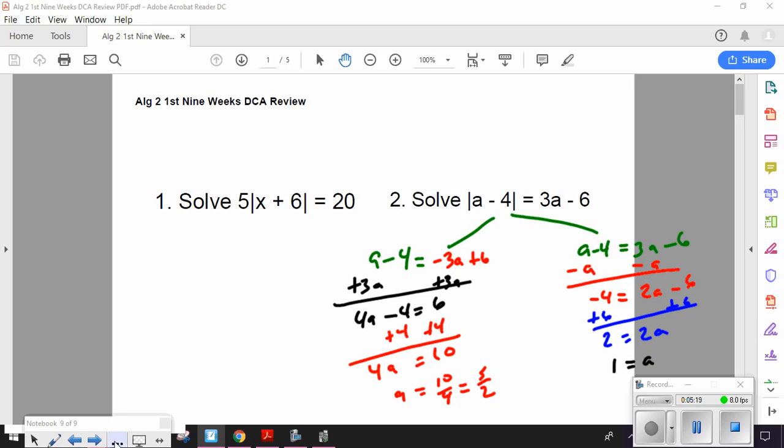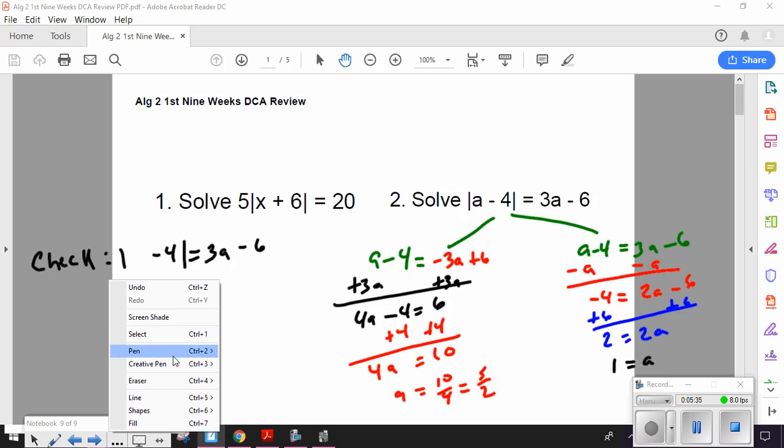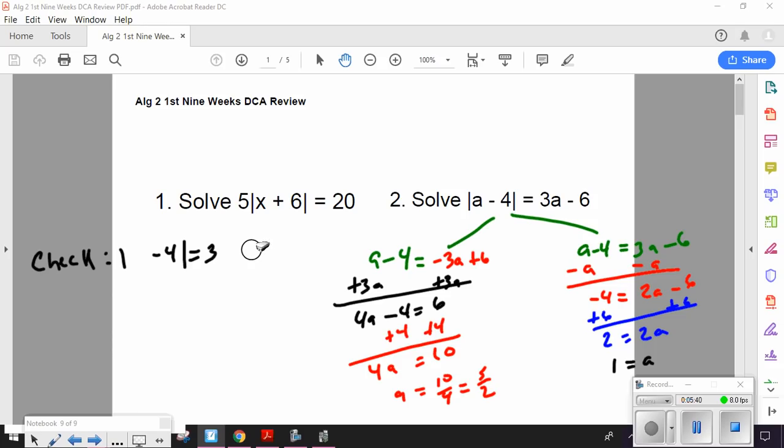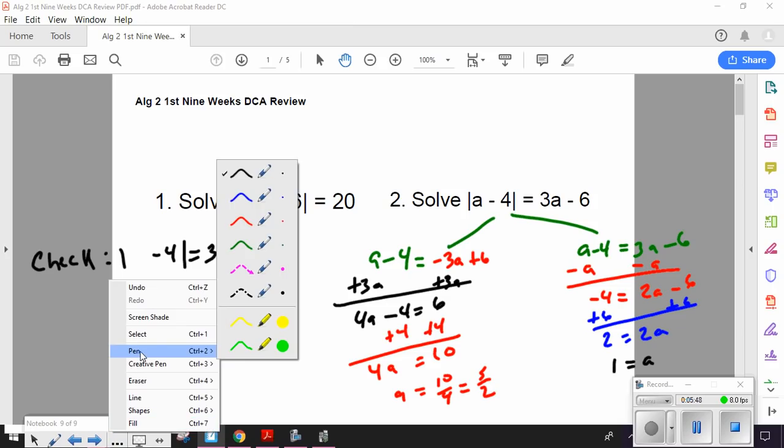Now, again, we must check our work with the original problem. So absolute value of a minus 4 equals 3a minus 6. Oops, I forgot to leave room in place of a. All right, so the first one I'm checking is 5 over 2.